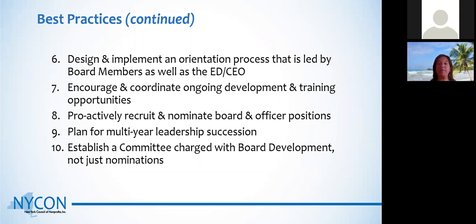You also want to think about really being proactive about recruiting and nominating board members and officers. The recruitment process isn't something that just happens in the month or two before your annual meeting. It really should be an ongoing, thoughtful, very intentional process as you meet people.